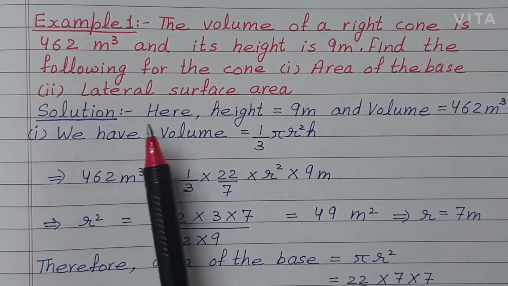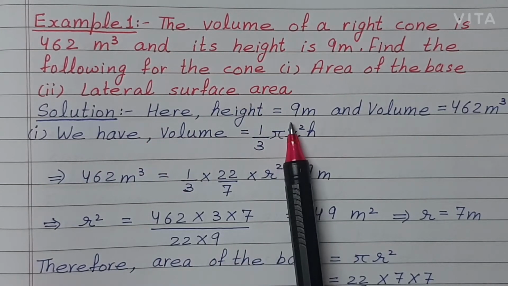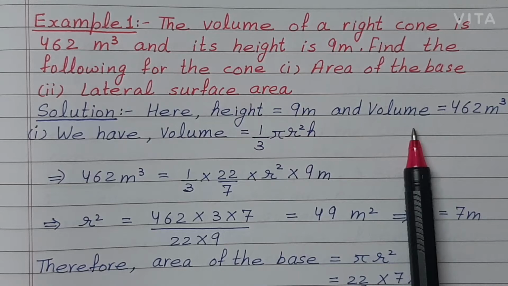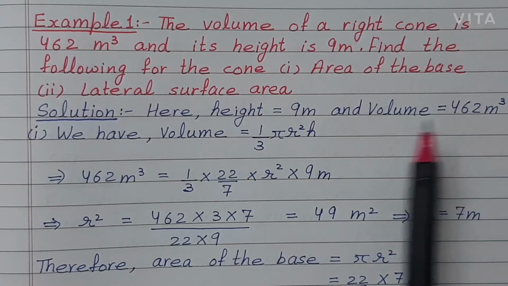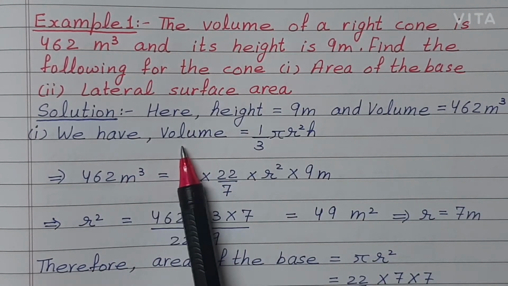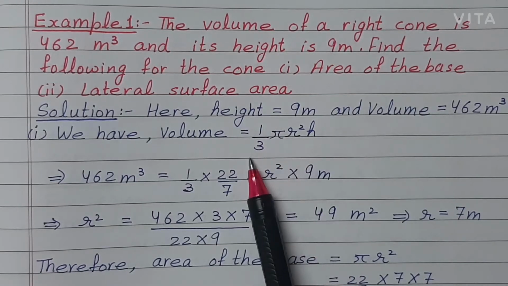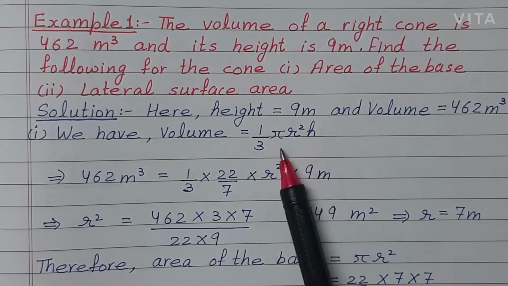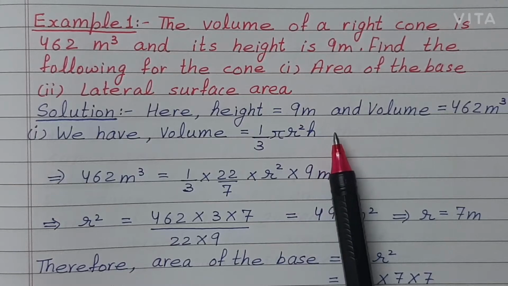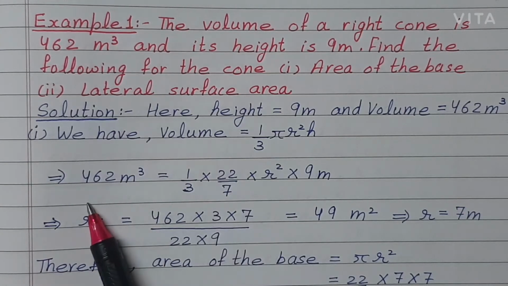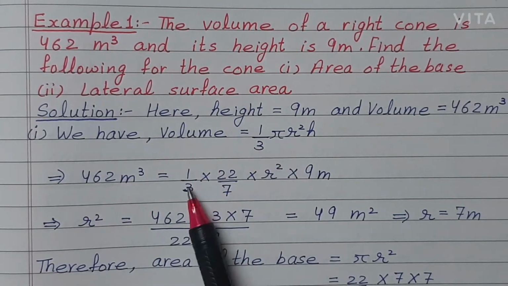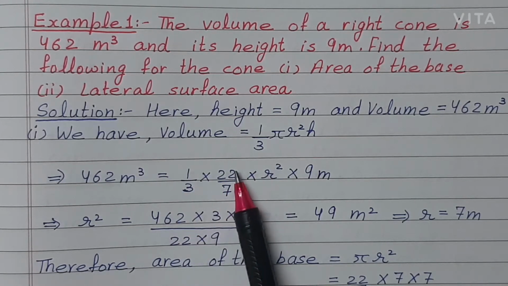Students, here height is 9 meter, volume is also given, that is 462 meter cube. Now we know that the volume of a cone is 1/3 pi r square h. Let us substitute the values. Volume is 462, equal to 1/3 into 22/7, which is the value of pi.